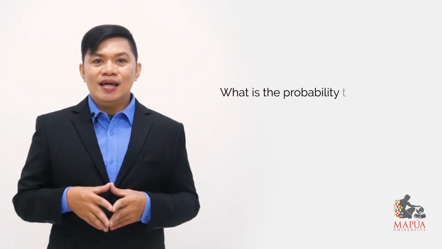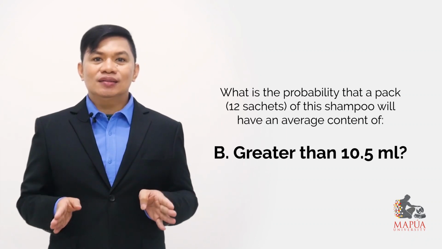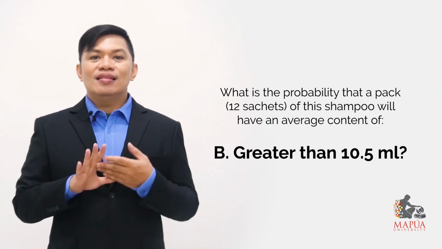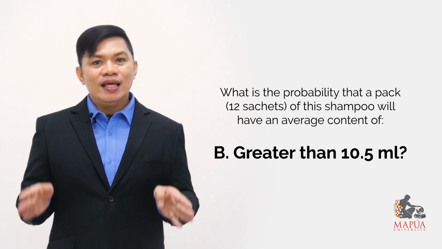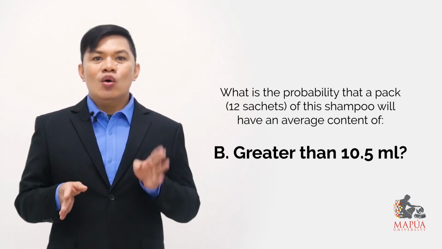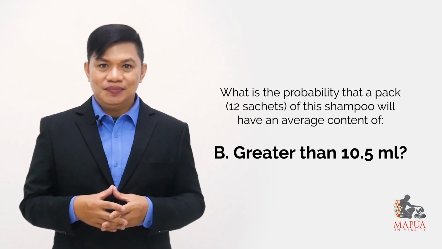Okay, for the next question, what is the probability that these 12 sachets will have an average content of greater than 10.5 ml? Or in other words, what is the probability that this 12 sachet will have more than 10.5 ml content?